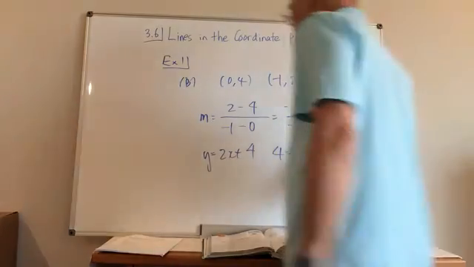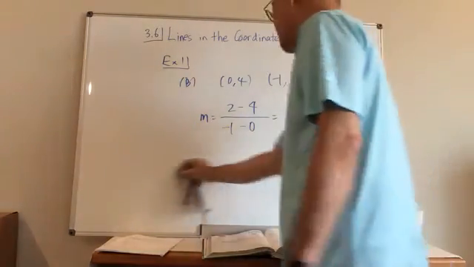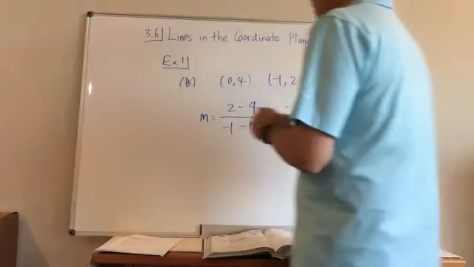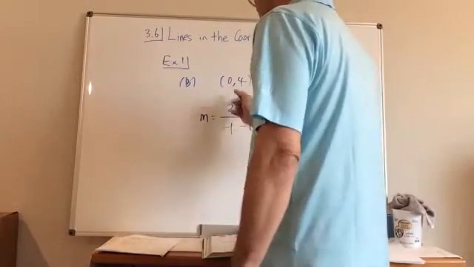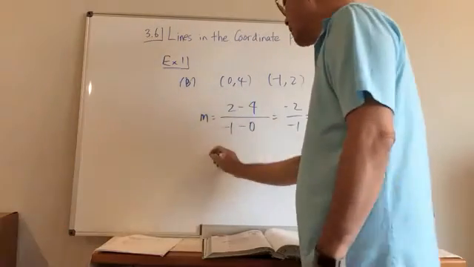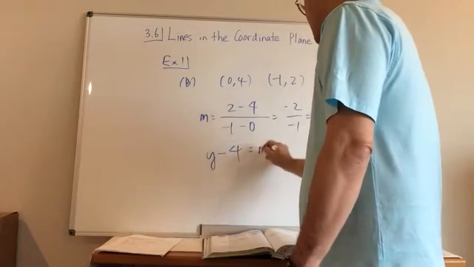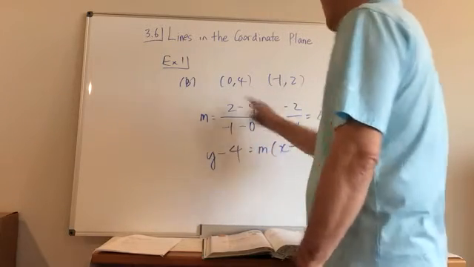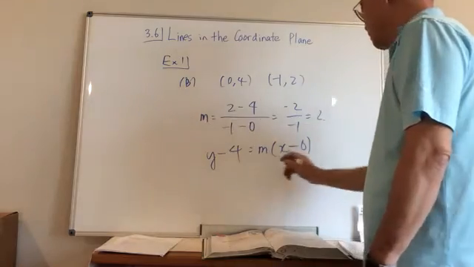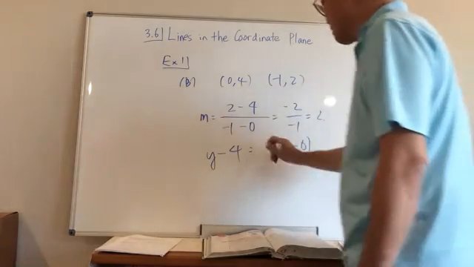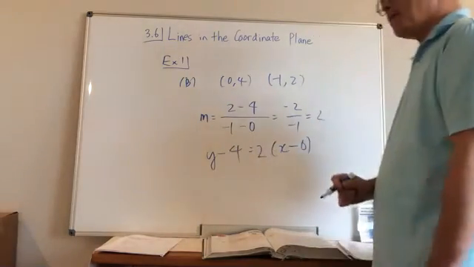Method number 2 is that I can say, okay, I know what the slope is. Let's go ahead and use the point slope form. So I'm going to use the point slope form using this point. y minus y1 equals m times x minus x1. Oops, m is 2. I know that m is 2. So I can put that in there.